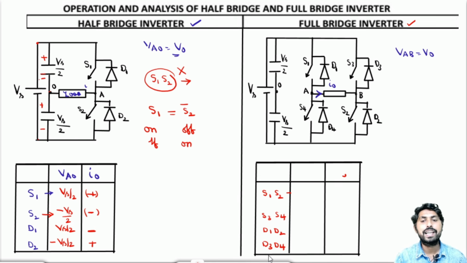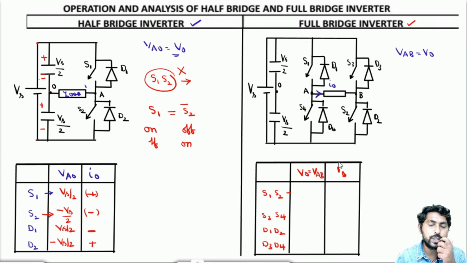Now let us analyze these conditions. Here we have V0 and I0. V0 is equal to VAB, and we are assuming that I0 is flowing from A to B.